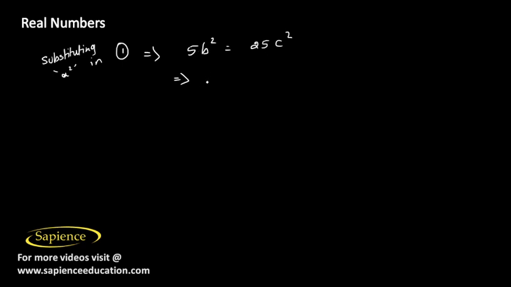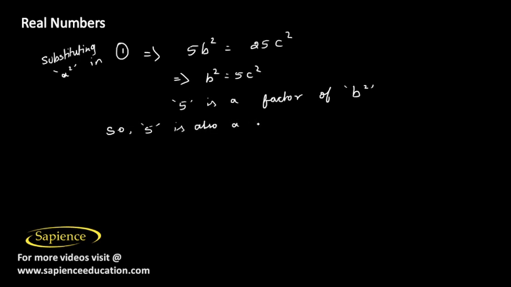After dividing by 5 on both sides, B square is equal to 5 C square, which means 5 is a factor of B square, and again according to the fundamental theorem of arithmetic, 5 is also a factor of B.